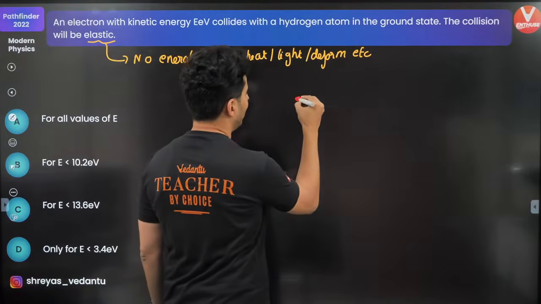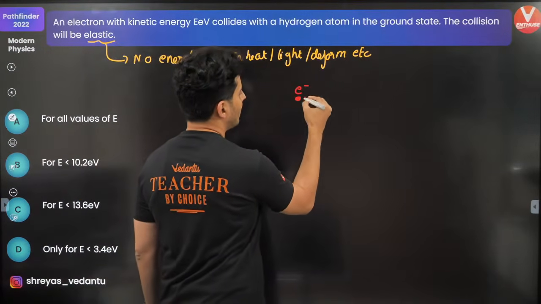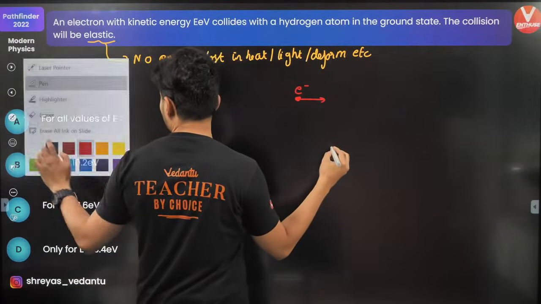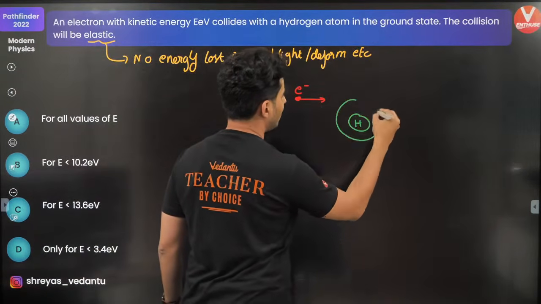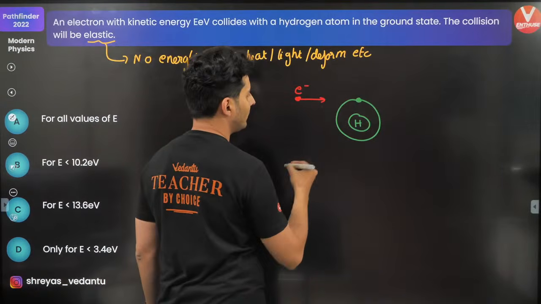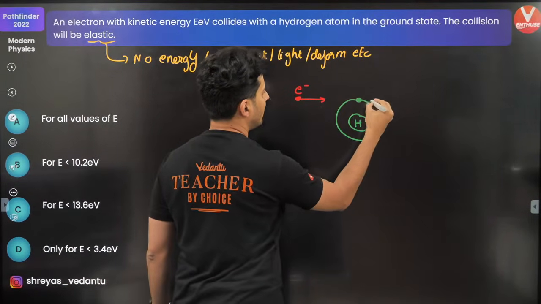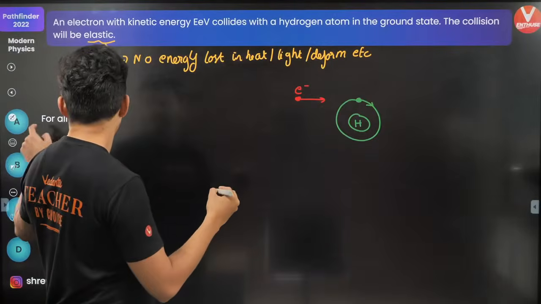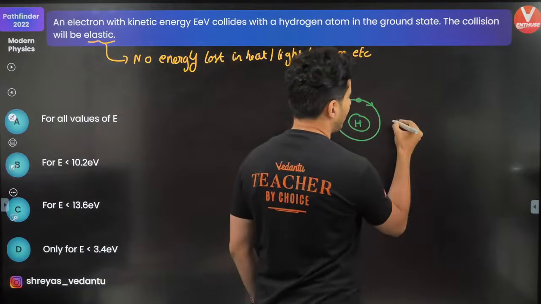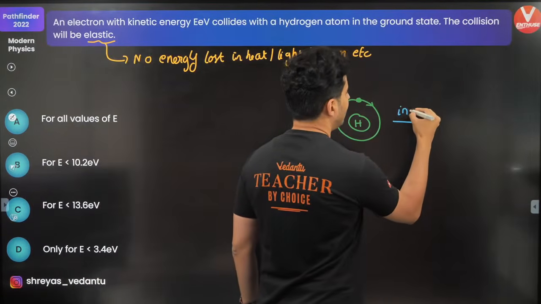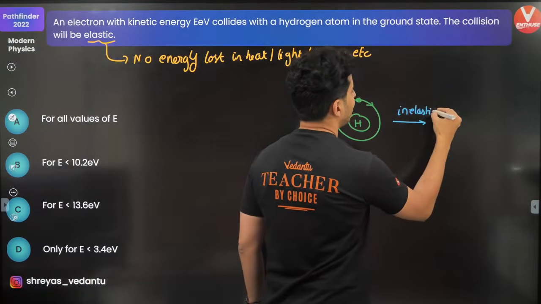If an electron is moving and let's say you have a hydrogen atom, this is an electron over here, which is orbiting the nucleus, and let's say the collision is inelastic. Imagine it's an inelastic collision.